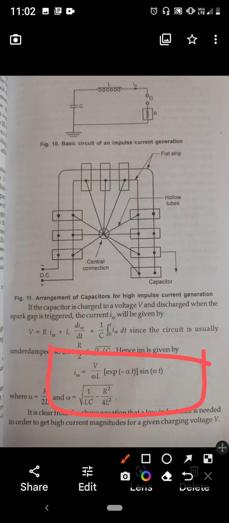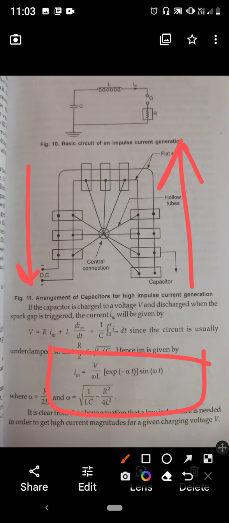So if we want to generate a high impulse current, we will have to take the inductance value very low. That's why we use an air core inductor. So the reactance of the air core inductor will be low and we can generate a higher value of impulse current.